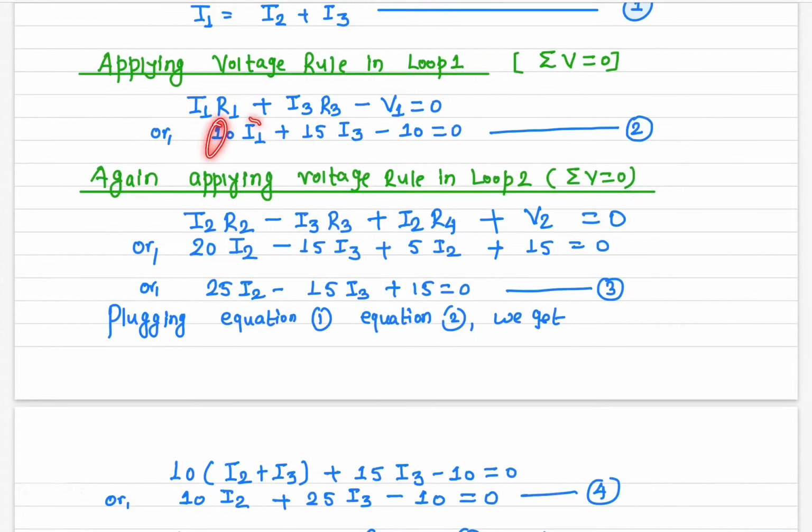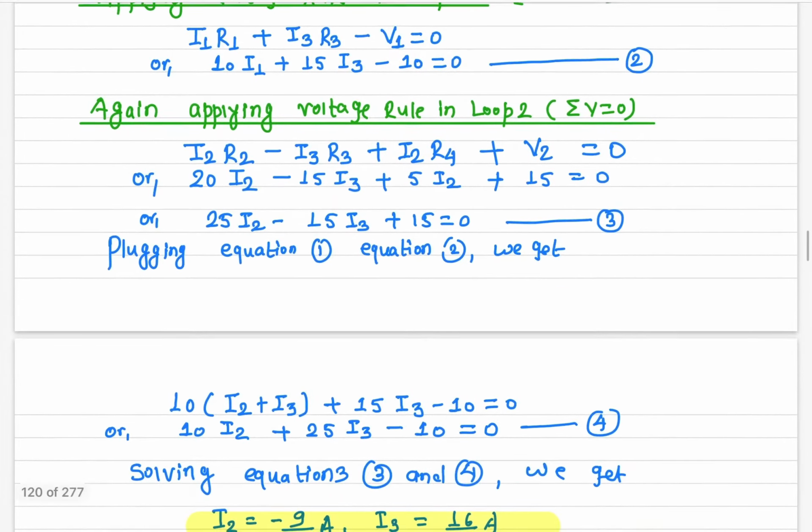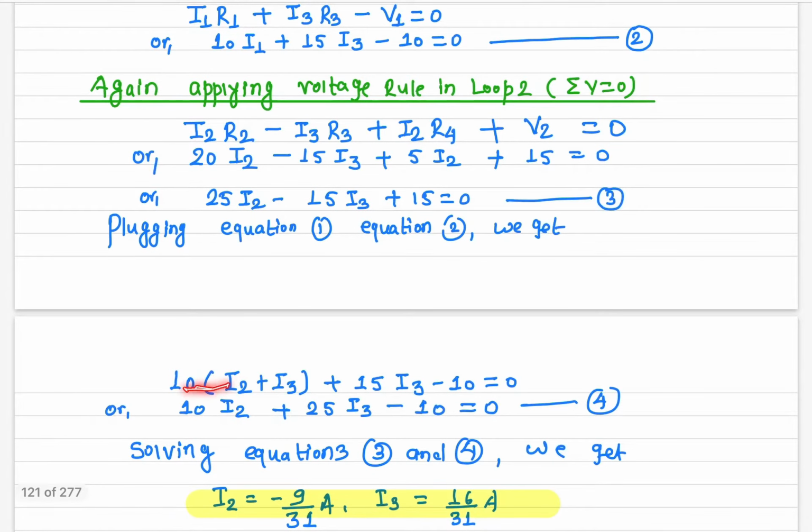So here 10 times I2 plus I3, and the rest will be the same: 15 I3 minus 10 equals 0. If I multiply it out, it will be 10 I2 plus 10 I3 plus 15 I3 minus 10. This 10 I3 plus 15 I3 will be 25 I3. That is here.